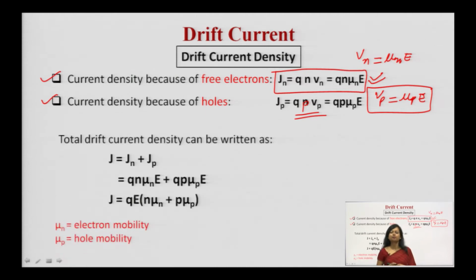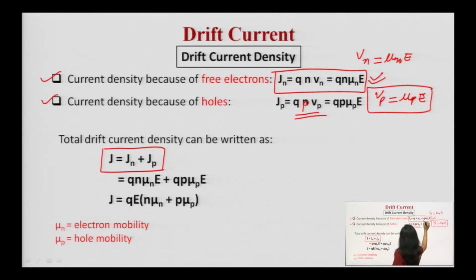In general, when you have to write down the overall expression, it will include the current density because of electrons plus holes, because both are the charge carriers in the case of the semiconductors. So total drift current density, J total, is the sum of Jn plus Jp.